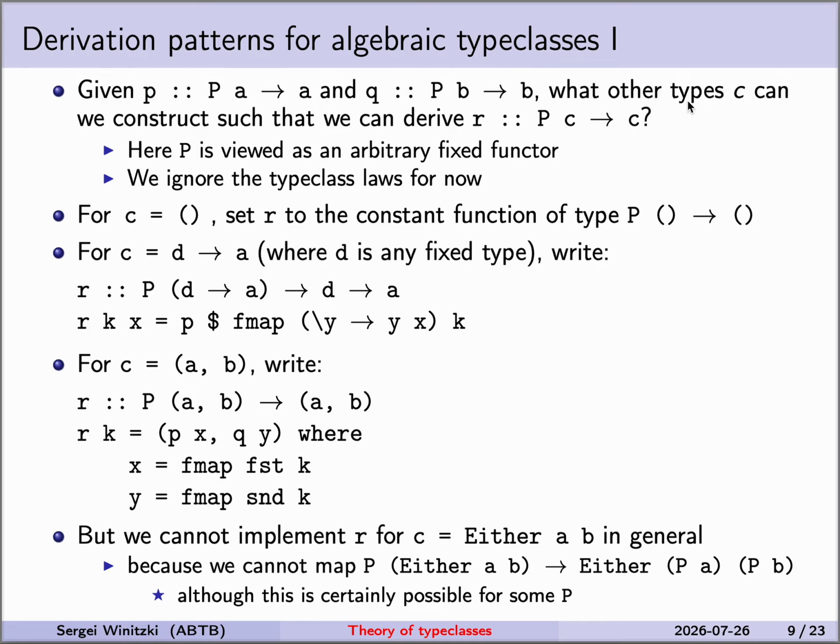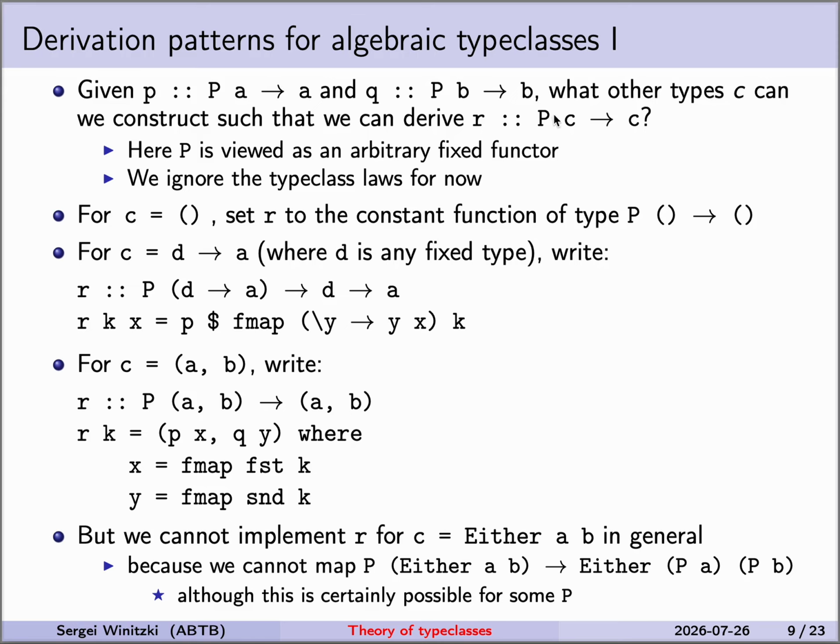So we ask the question, what other types C can we construct such that C is again a member of the same type class, so that we can hopefully automatically derive a function R of this type, P C to C, where P we want to treat as an arbitrary unknown but fixed functor. So we want to do this generically with respect to P. And this is how we put this question.